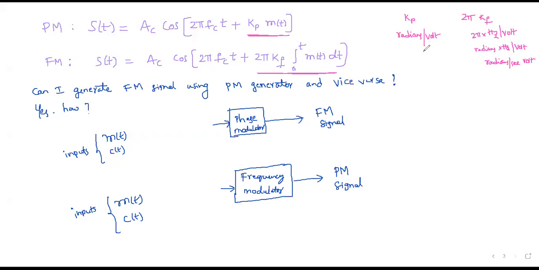And here, the units of Kp are radians per volt.